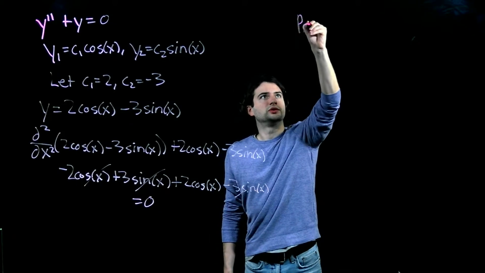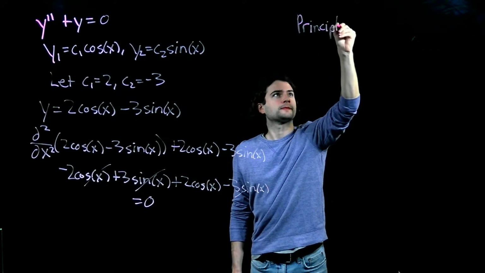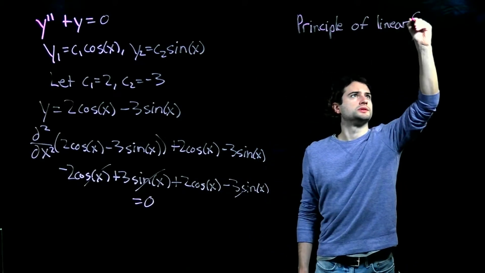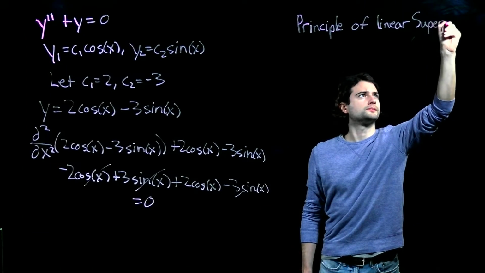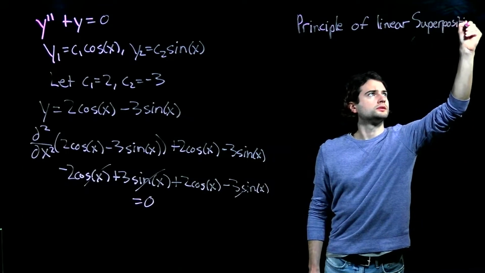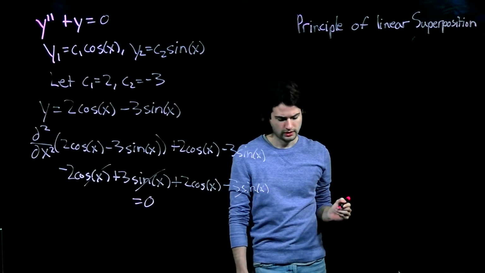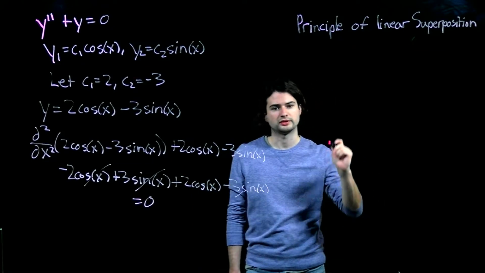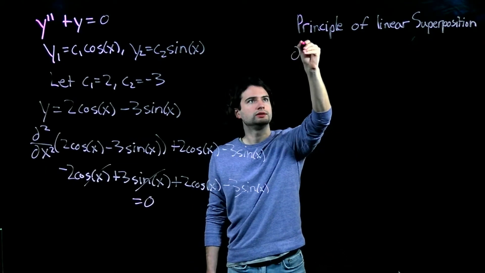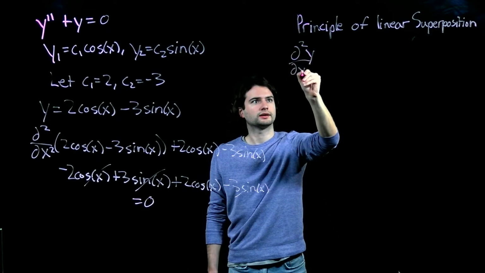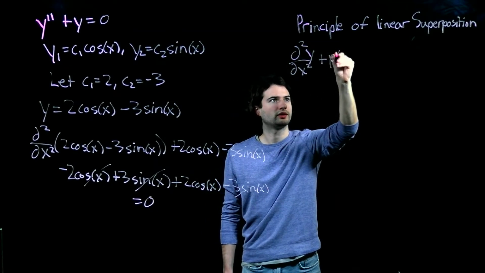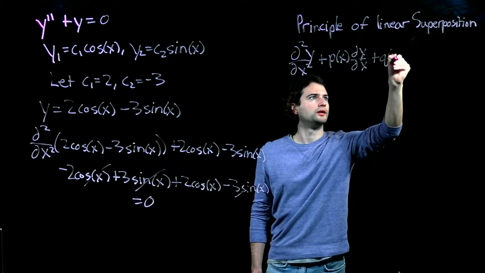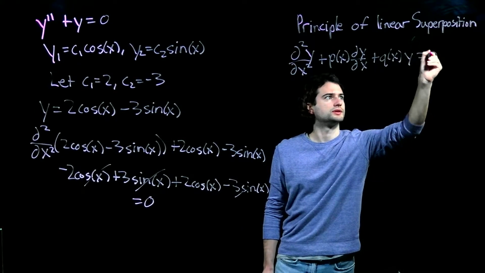So this is called the principle of linear superposition. Okay, and this is again for homogeneous and linear differential equations, of the form d squared y dx squared plus p of x dy dx plus q of x y is equal to 0.